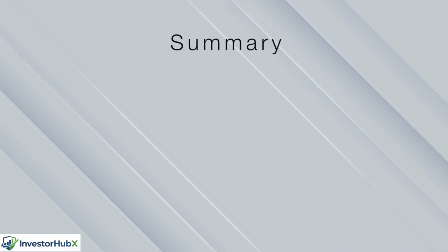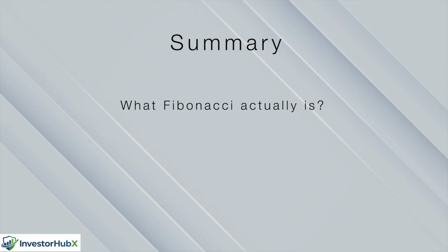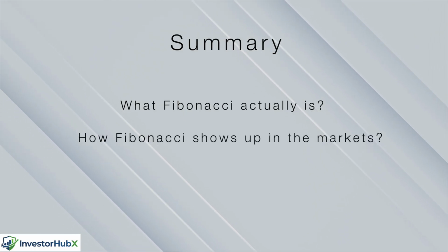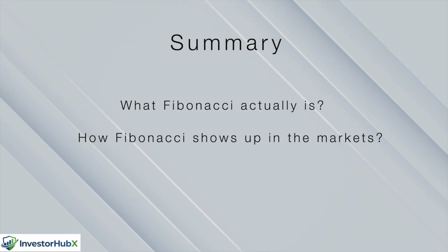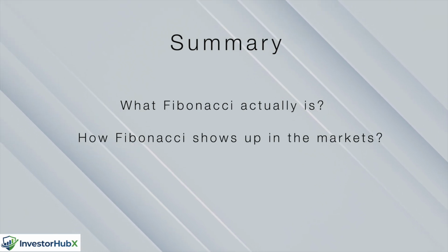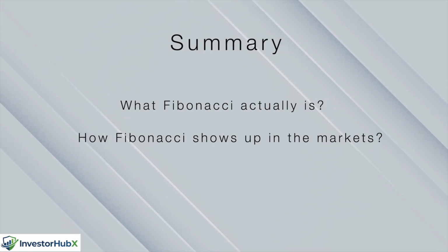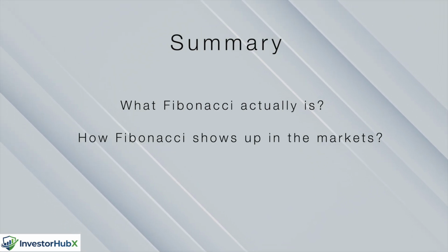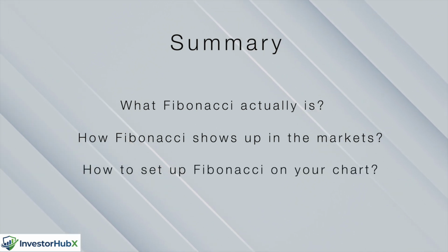To summarize, in this video, we explored what Fibonacci is and how this simple mathematical sequence appears not just in nature and art, but also in the financial markets. We looked at how Fibonacci shows up on charts, helping us identify potential pullbacks and reaction levels. We also learned how to set up Fibonacci retracement properly.